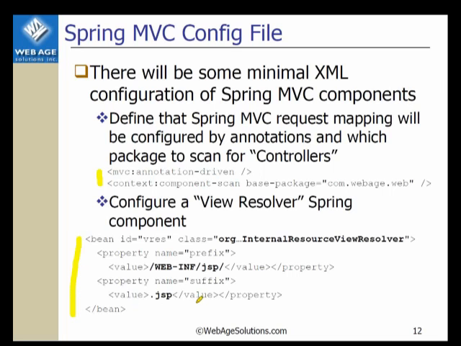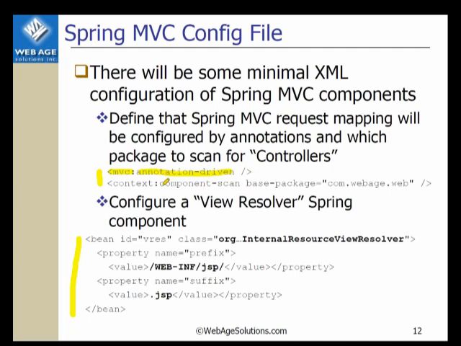This is about 8 lines of XML configuration. That might be it as far as a Spring MVC application. Notice here you're seeing the MVC namespace for the Spring configuration file. So this simplifies the configuration of using annotations for the request mapping. We'll see that quite a bit, and that'll make things a lot simpler.